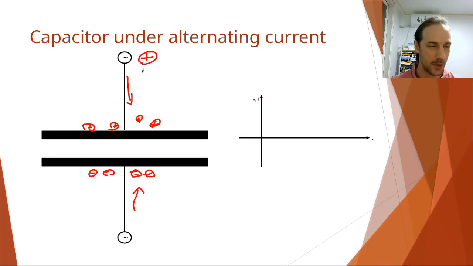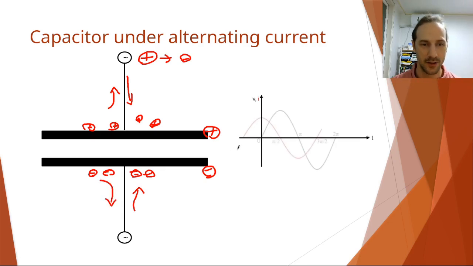And then when we change the polarity, the polarity changes in alternating current, going positive, negative, positive, negative. Once we change the polarity to negative, then suddenly these plates are charged too much positively, and these plates are charged too much negatively. So the charges will start moving in the opposite direction, and someone already drew it better than me.